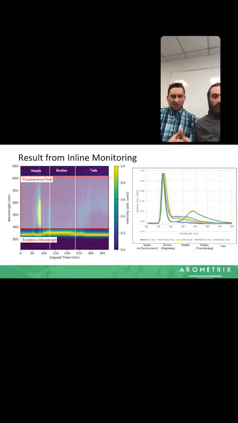So we're seeing the same phenomena that we saw all through each of the steps that we did, validating really that what we saw previously can be seen in line, which really gives us this support that this is an inline monitoring system.